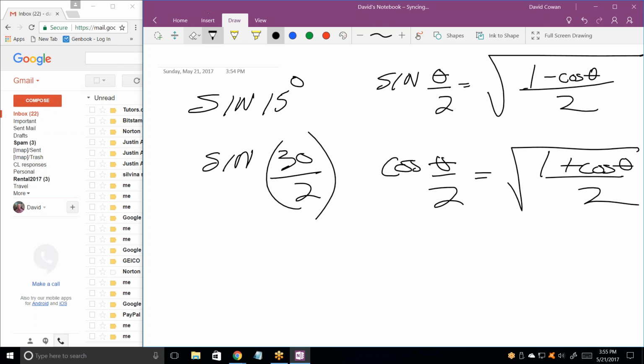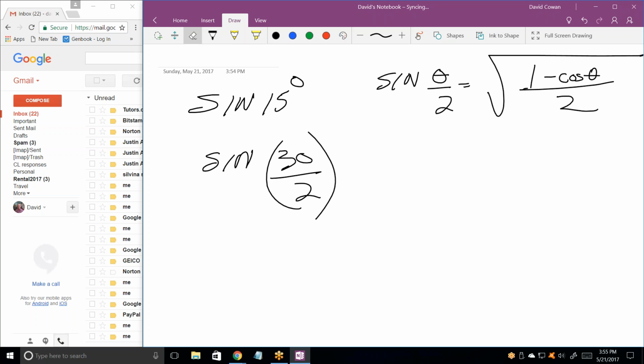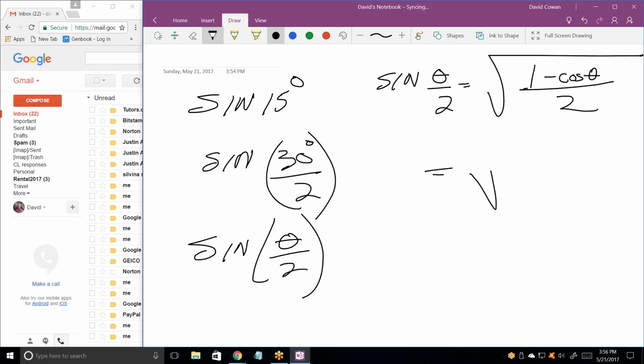Good. So the only one we need is the top one. And notice the only thing we need is the cosine of 30 degrees. In other words, when they say theta, that's 30. I'm taking the sine of theta over 2, so my theta is 30 degrees, which means it's the square root of 1 minus cosine of 30 degrees.